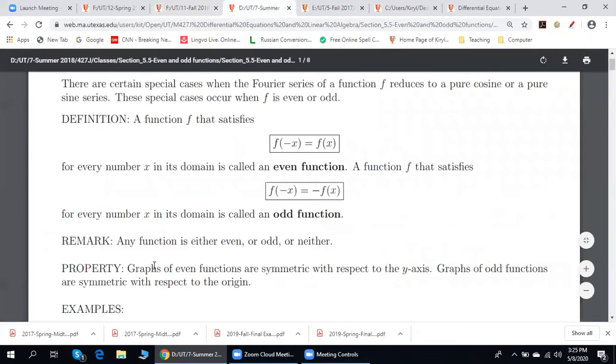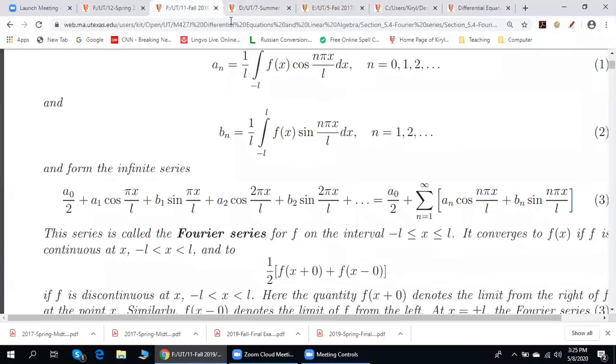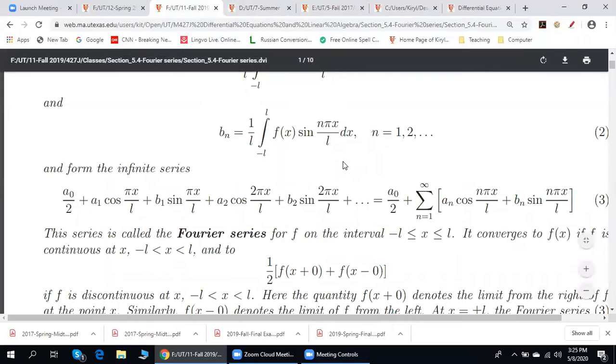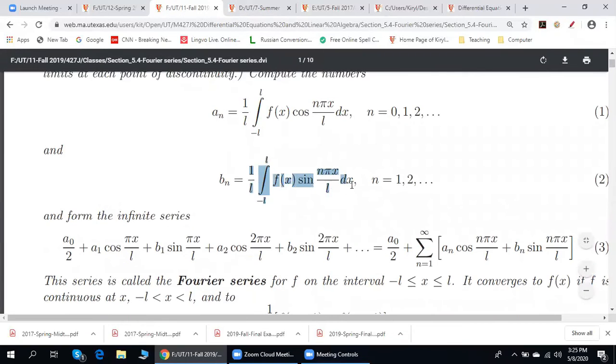And note that the graph of an even function is symmetric with respect to the y-axis. Thanks to this, the second integral can be rewritten in the following way.